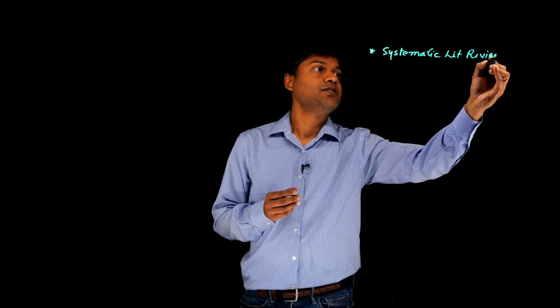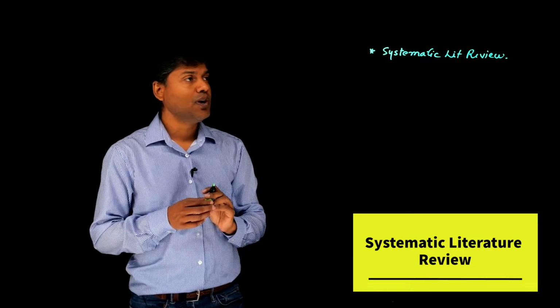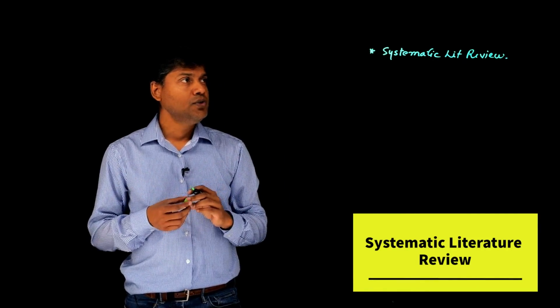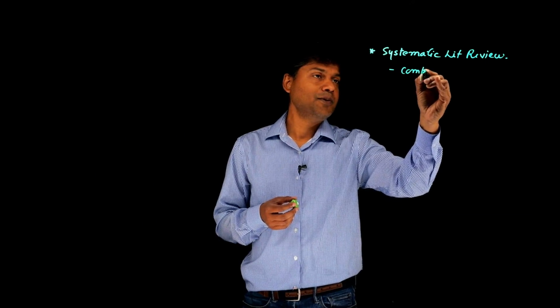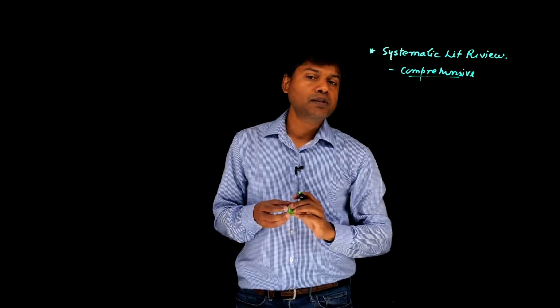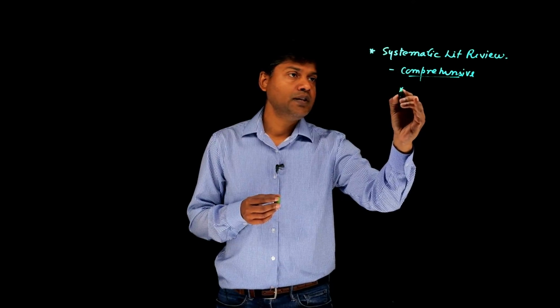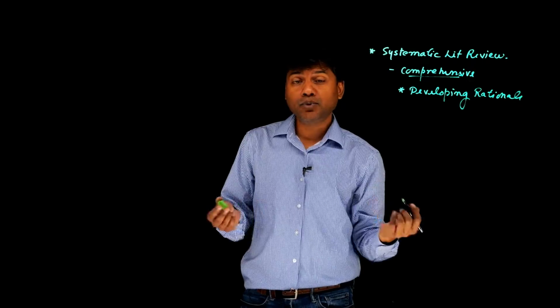So in quantitative research, you already have learned to do systematic literature review. When you start your study, you work on your research question, and at the same time you go through the literature and you do a systematic, comprehensive literature review. And why do we do a comprehensive literature review? One reason is obviously developing rationale for the study, that is, why I'm doing this study.